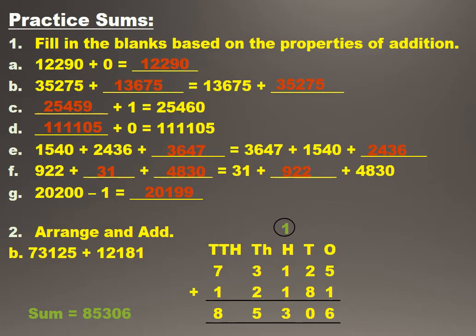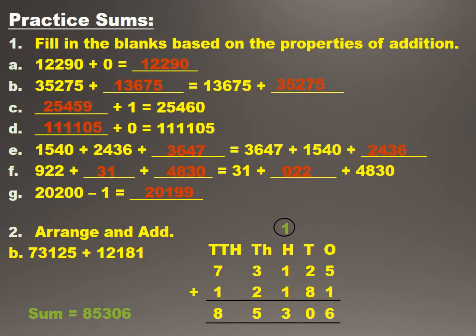On other side, 13,675 is on first place. Now put that number on the left hand side on the second place, and the number which is written on the first place of left hand side, keep that number on second place of right hand side. So the answer remains the same based on the property.